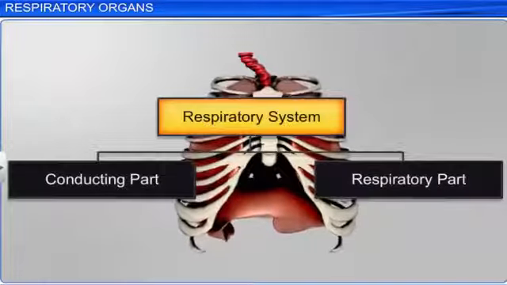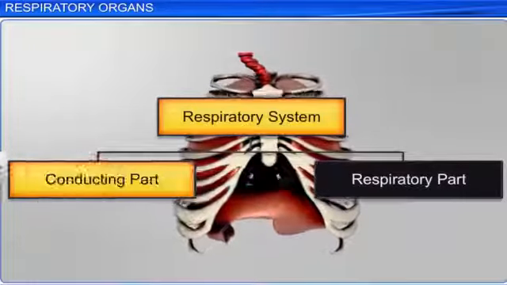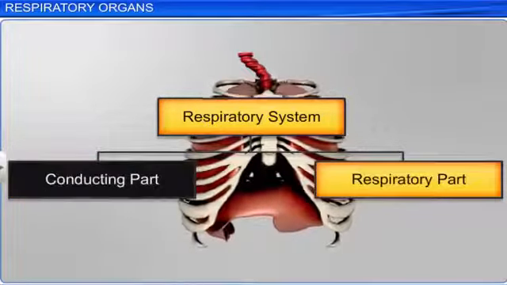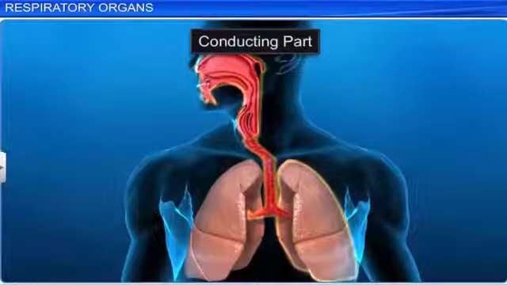Based on function, the respiratory system is divided into two parts, the conducting part and the respiratory part. The conducting part spreads from the external nostrils to the terminal bronchioles.